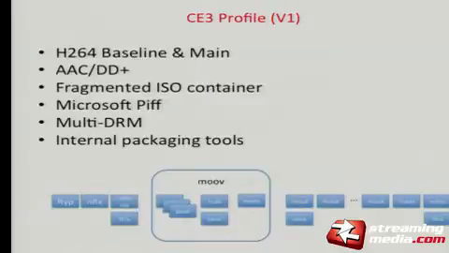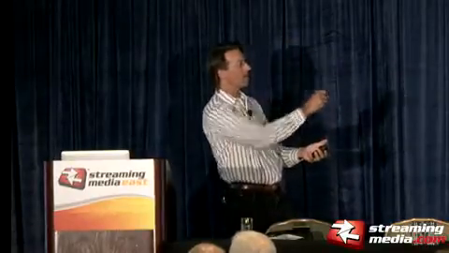And this is what our fragmented MP4 CE3 version 1 looked like. It's fragmented MP4. You see we stuck a couple boxes up in front, and the key one is that Netflix index. Remember the 2-get rule. The fragmented MP4 model has the index at the very end, but that would require a third get, and that was not acceptable. So we just took that index and replicated it at the front.